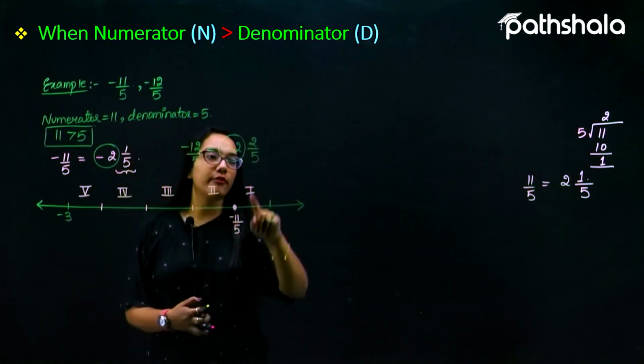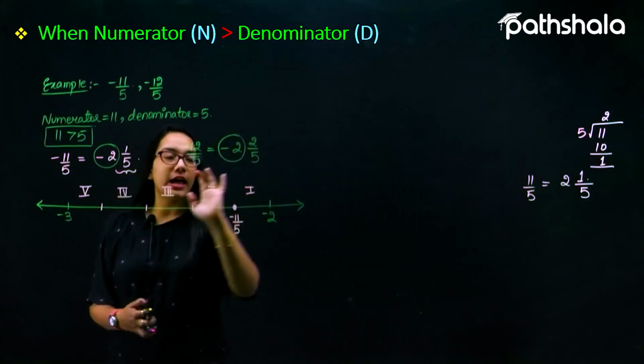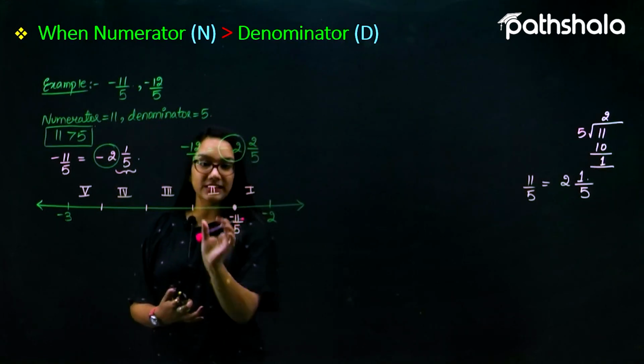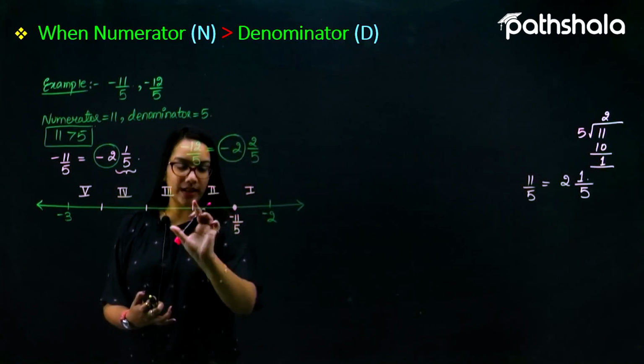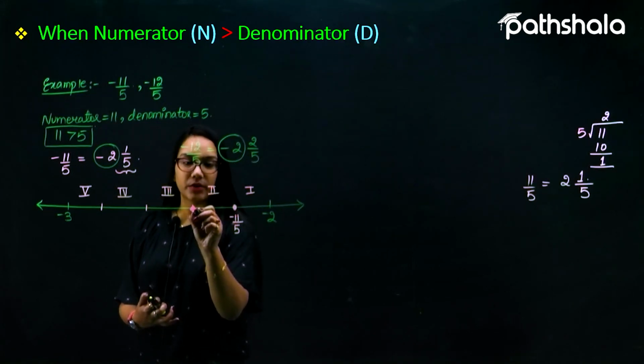And further you have to divide the whole section into 5 equal sections like I did over here, and we are talking about the second section out of the fifth one. So the second section over here is this one, and the ending point of the second section is this. So this particular point represents minus 12 by 5.